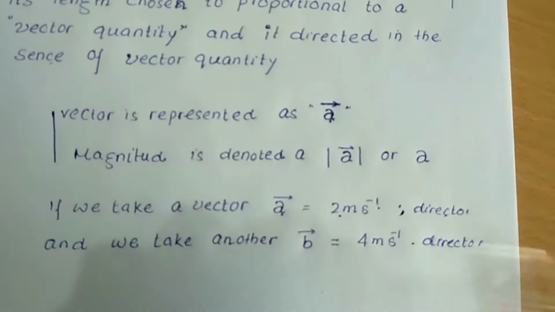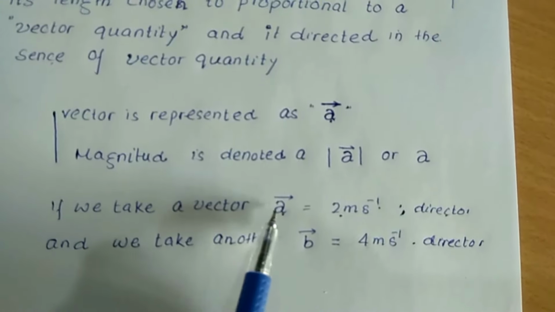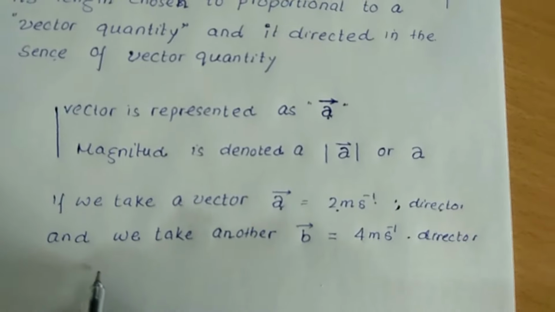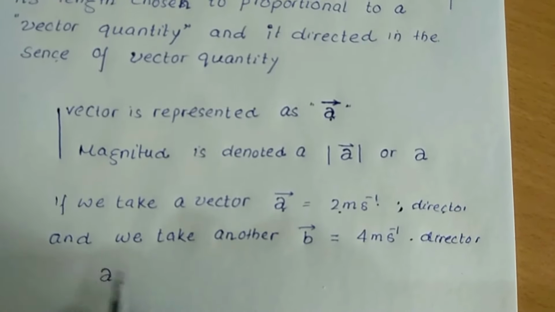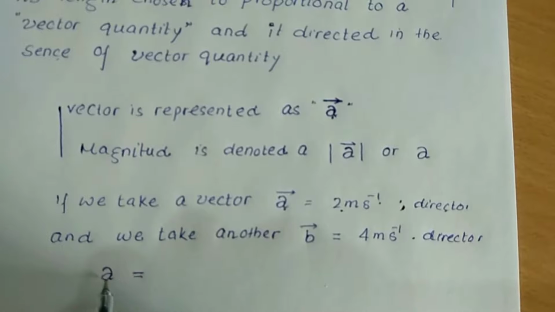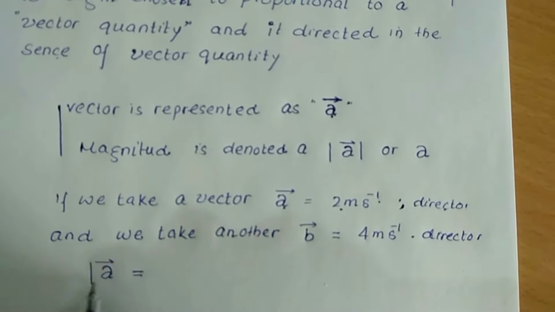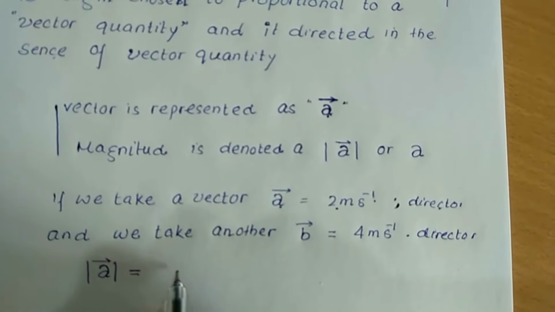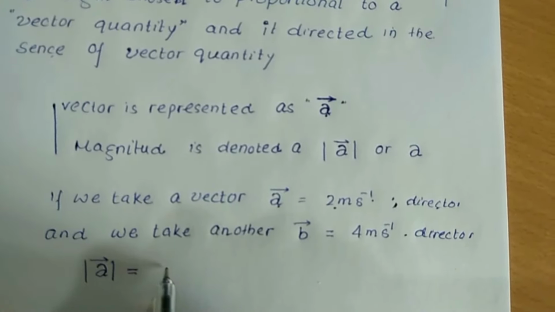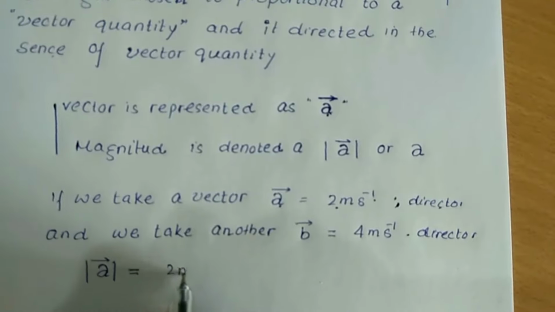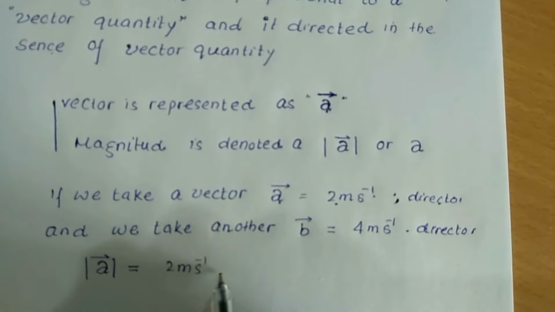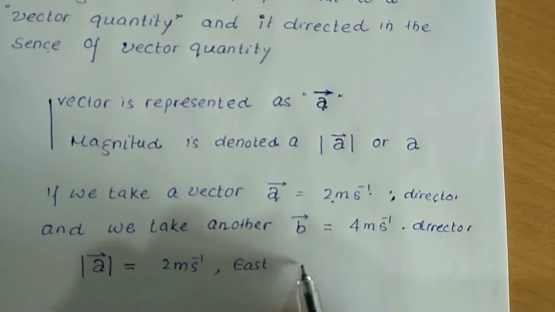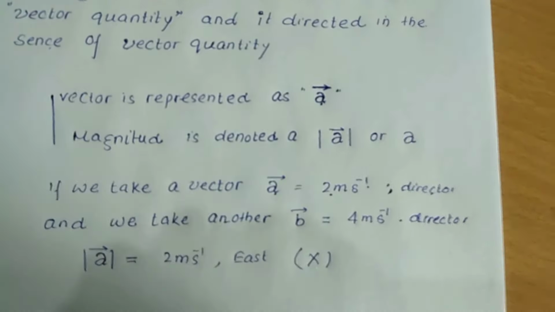We do not represent a vector A like this. If we write a vector A like this, it is a magnitude, so we prefer only this as a magnitude. And if we write on the right side 2 meters per second, direction suppose east, it is wrong.